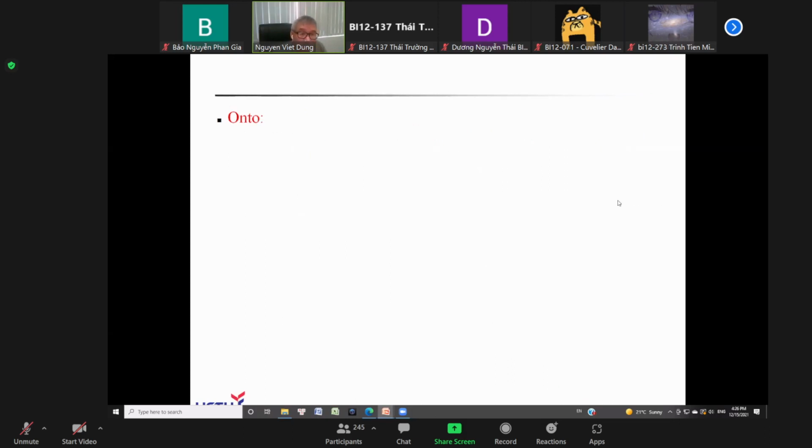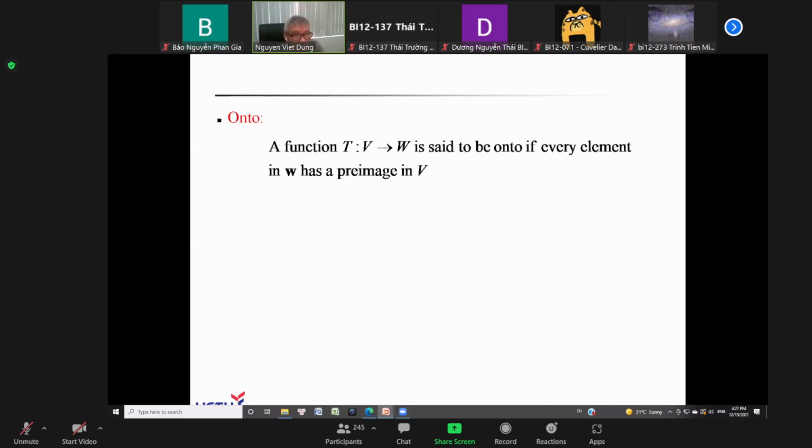We have another notion that is onto mapping. Onto in Vietnamese is lên. Onto mapping, ánh xạ lên or toàn ánh. Okay, now name is only the name. You can imagine, you can see the definition here.